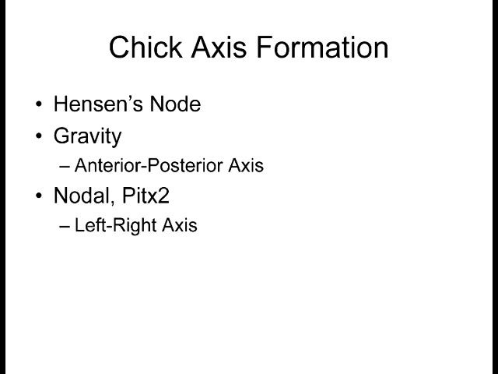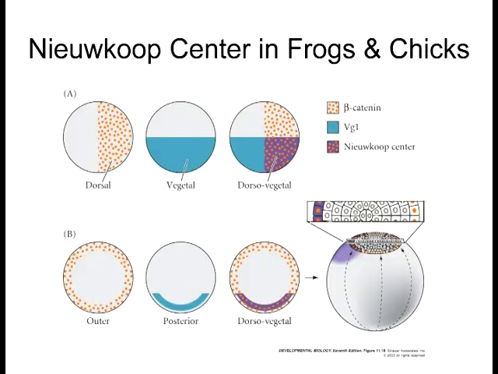If you just pulled the egg straight out of the chicken, it wouldn't work, for a number of reasons. So let's look here. This region, the nucleus center, will induce the various cells that will eventually become Henson's node, which is the organizer of the chicken. Now, Henson's node doesn't actually form until these cells reach the most anterior region of the embryo.